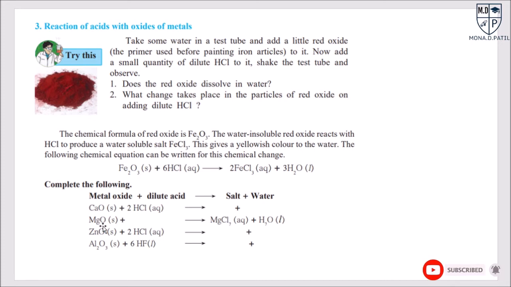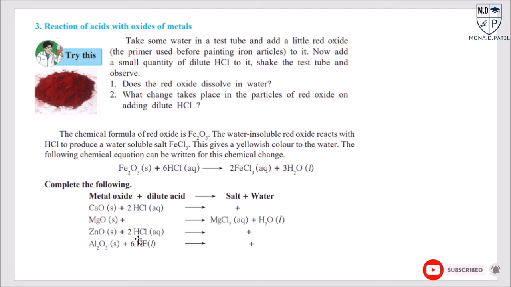Calcium oxide reacts with hydrochloric acid, then calcium chloride and water are obtained here. Okay, in this reaction MgO means magnesium oxide will react with HCl, since Cl is there, definitely HCl will be here. Dilute acid is HCl.